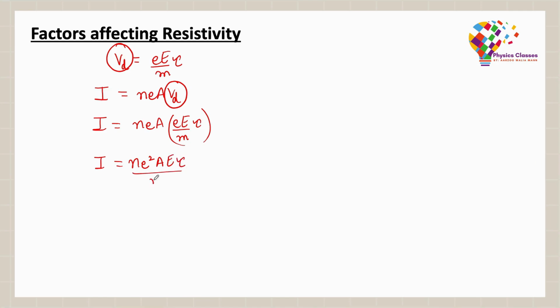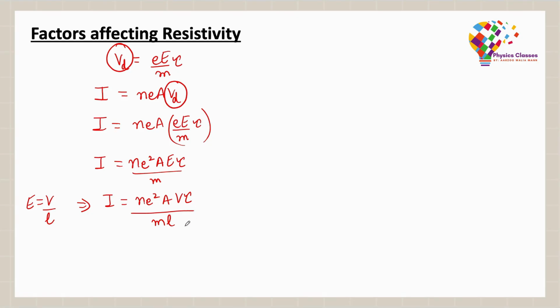I also know that my electric field can be written as V by L. Therefore, the current can be written as n e square A V tau by m L.